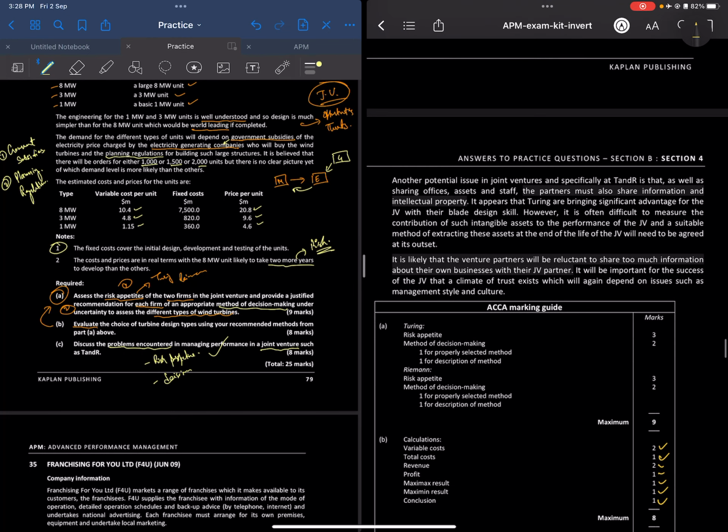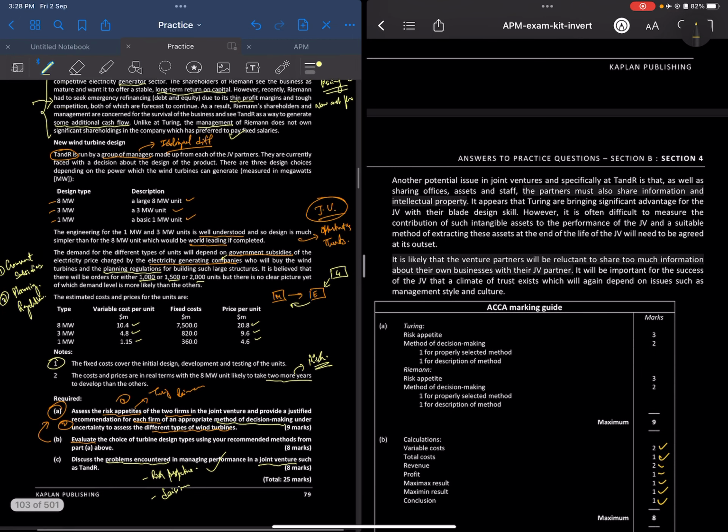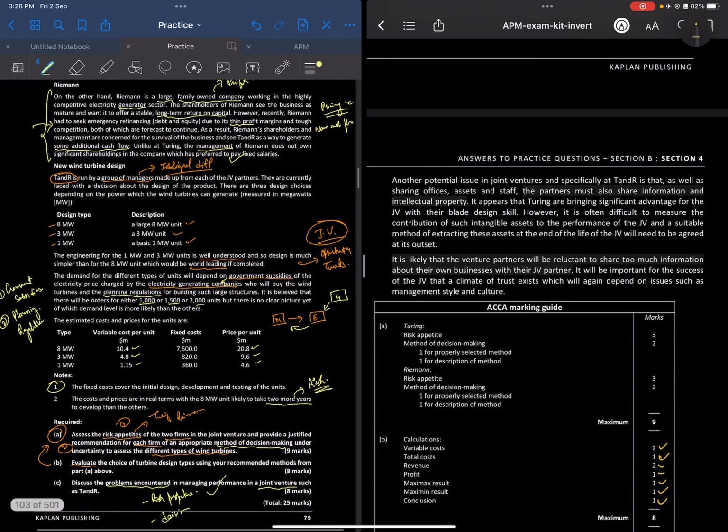Another potential issue in a JV is the sharing of resources: sharing offices, assets, staff. The partners must also share information and intellectual property, so they are bringing significant advantage. Turing is bringing the blade design.